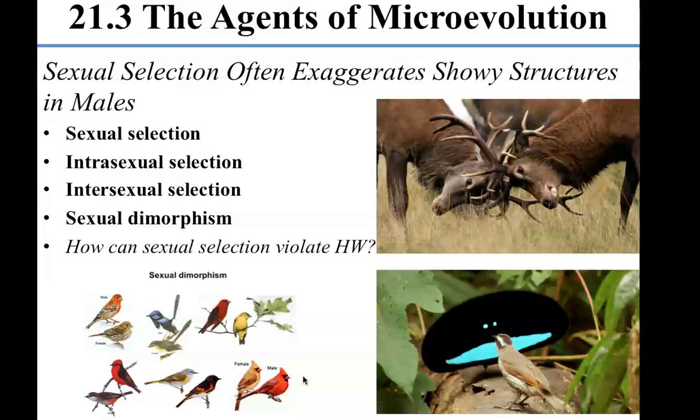So females have to be choosy, males don't. And so therefore intersexual selection has selected for males to have bright colors and for females to have muted colors, and instead natural selection has selected for females to be camouflaged so they can sit on the nest and hopefully not get eaten by a predator.